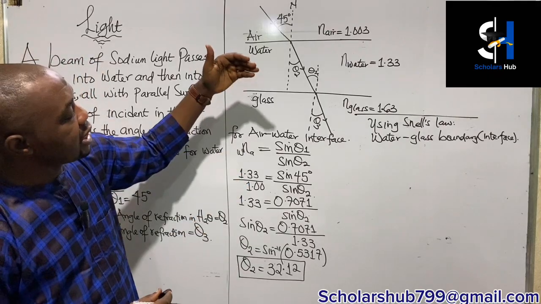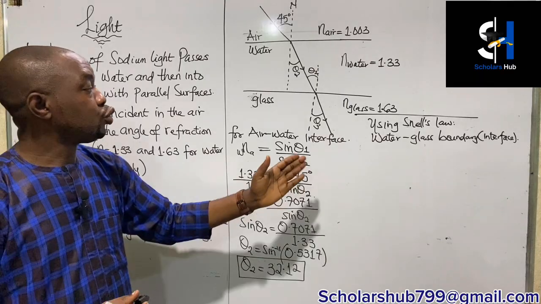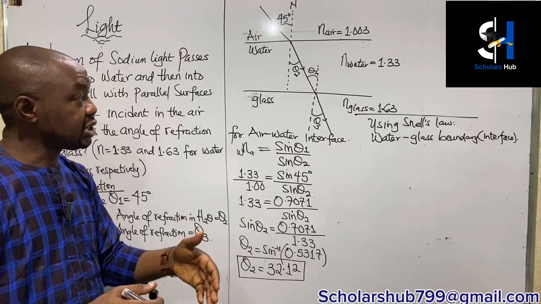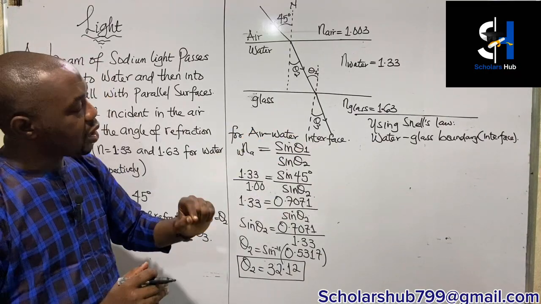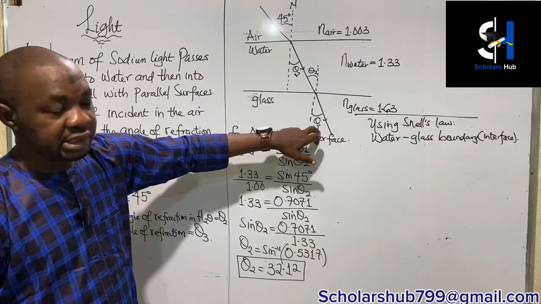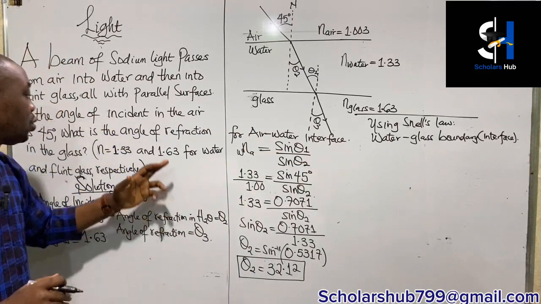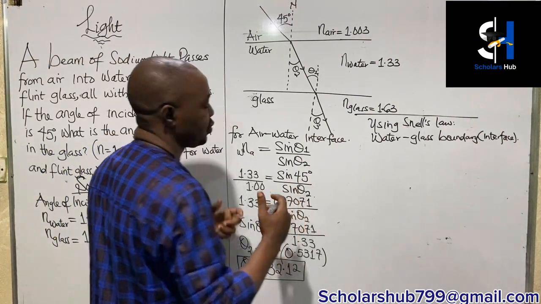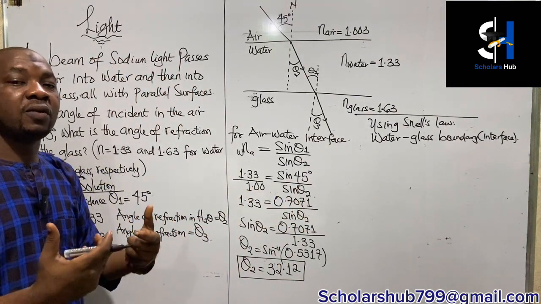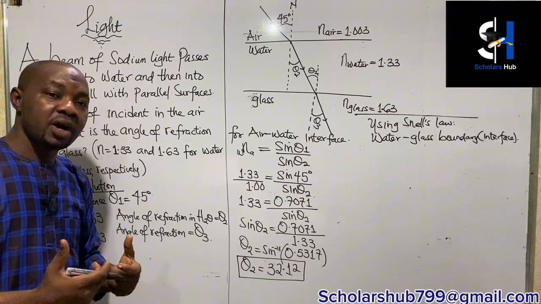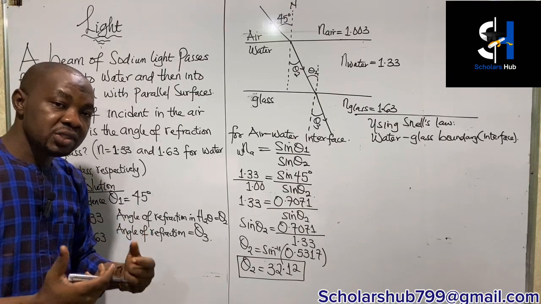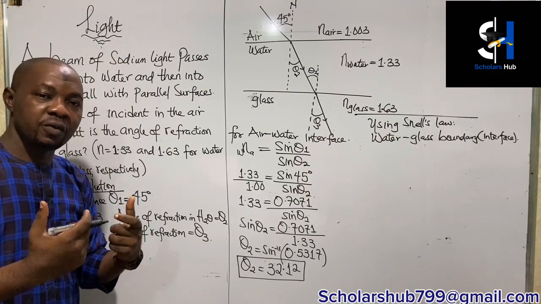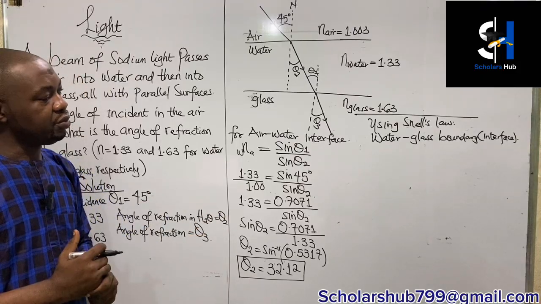Now, when the light is transmitted obliquely through the glass, the light will bend towards the normal because glass is denser than water. So it will make an angle theta 3, which will be called the angle of refraction in the glass. To calculate it, remember I said the ratio of the sine of the angle of incidence to the sine of the angle of refraction is proportional to the reciprocal of the absolute index of refraction of one medium with respect to the other.